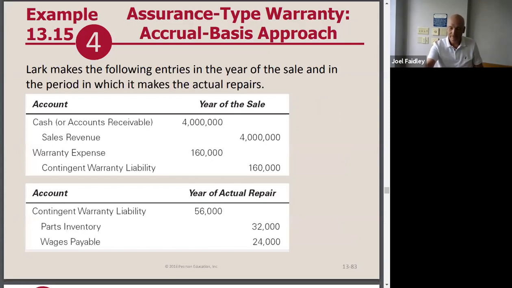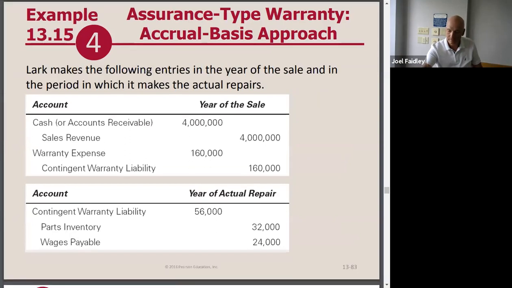The warranty liability is set up for $160,000. That's my estimate. Warranty liability. And then what's the credit? 56. That's actual cost, actual expense associated with these returns. And so over time, that 160 may be too much, it may be too little.